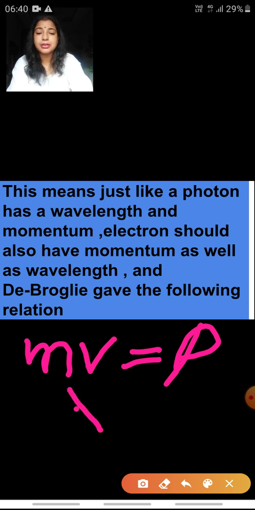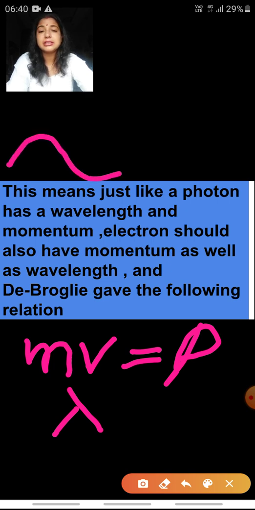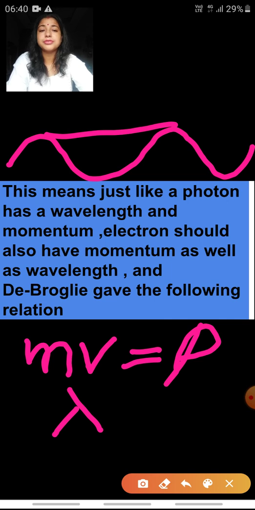Wavelength is denoted by lambda. You all know what is meant by wavelength: the distance between two adjacent troughs or two adjacent crests.